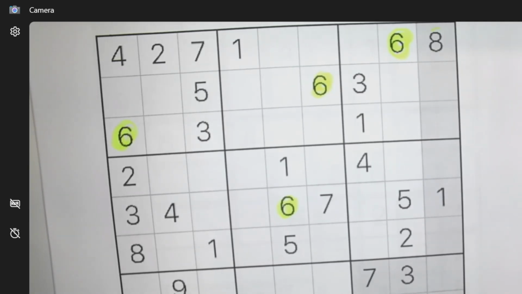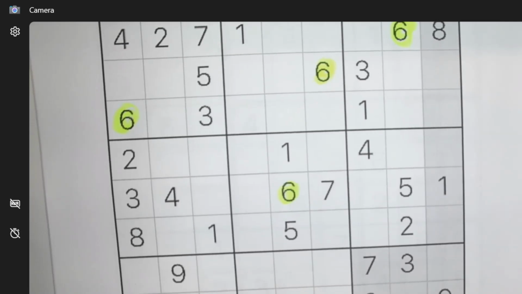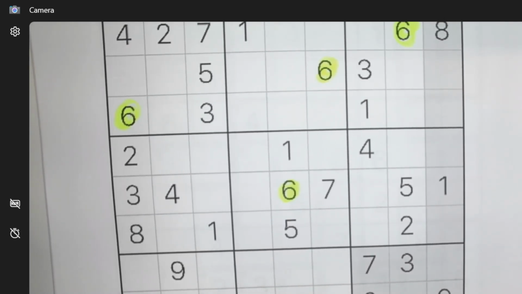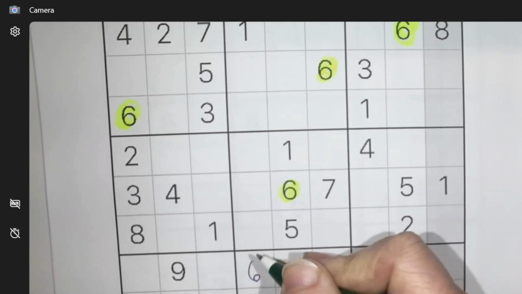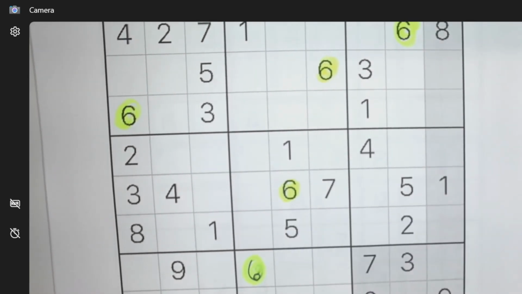For instance, doing something like that, I know where the 6 goes inside this box. Does anybody know where the 6 goes in that box? On top of the 3. Okay, so if I just look at something individually, I can decide where it goes.